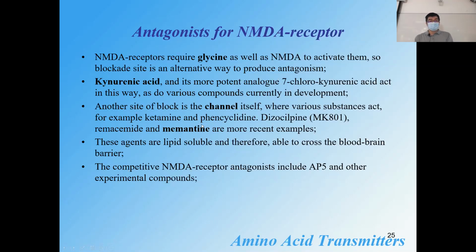Those channel blockers can pass through the blood-brain barrier because they are lipid soluble. Okay. And ketamine, you have heard about it quite a lot, can also be used as a channel blocker. There are also competitive NMDA receptor antagonists, for example AP5, and some other experimental compounds, which have been explored.